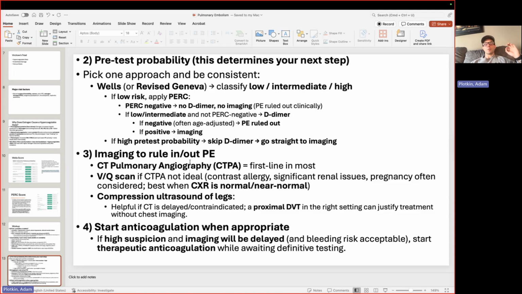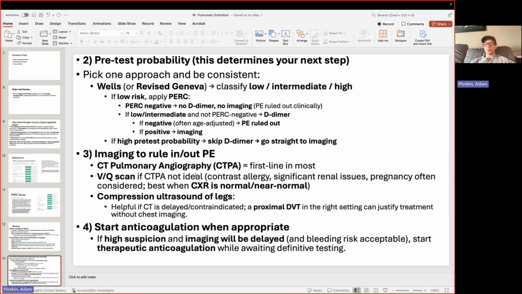So here's the imaging. CT pulmonary angiogram is the first line test, okay? That is the gold standard to diagnose a PE as of right now. We can do a VQ scan if the patient has a contrast allergy, they have significant renal issues, or they're pregnant, okay? We try to shy away from a VQ scan because it's not the best test here.